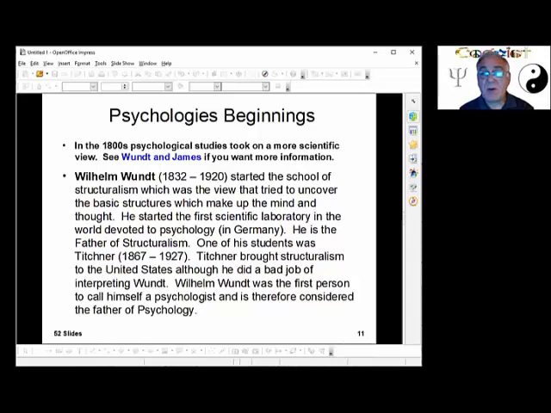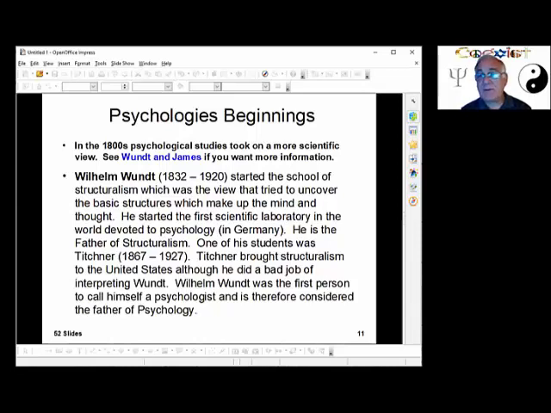He started what's called the School of Structuralism, which was the view that tried to uncover the basic structures which make up the mind. What is it inside the mind? What are the structures of the mind that cause us to behave and think in specific ways? He started the very first scientific laboratory in the world devoted to psychology, and it was in Leipzig, Germany.